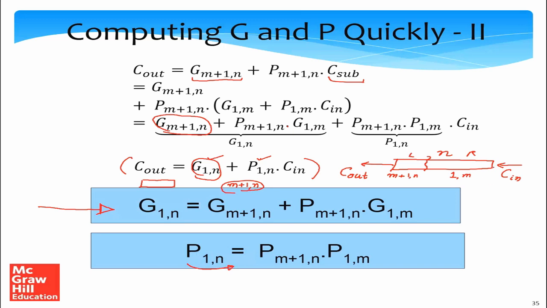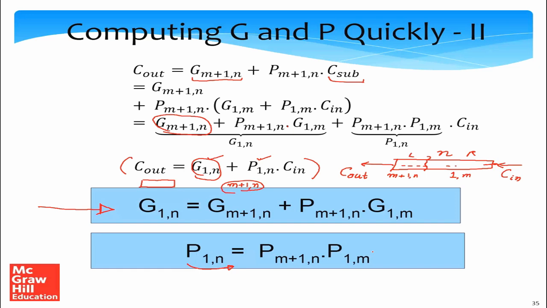Essentially carry comes here and gets propagated till the end. This will happen if both the blocks, the left one and the right one, are propagating a carry. So the propagate function will be p m plus 1 to n ANDed with p of 1 to m. This is a similar logic to what we used when writing the equations for multi-bit systems. We shall find it very handy when we discuss a carry look ahead adder.